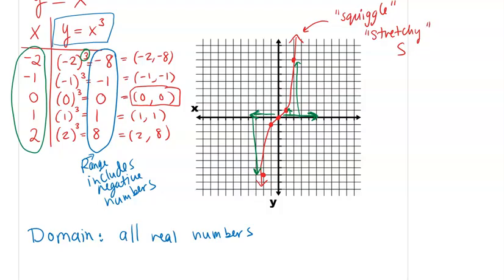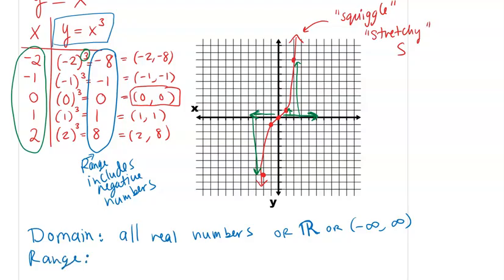So you can either write all real numbers, or you can write it like this, with the double stem R, or you can use that interval to show that basically all negative x's and all positive x's, all of these values along the x-axis, they all have corresponding y values on this curve, because every single one of them can be cubed.